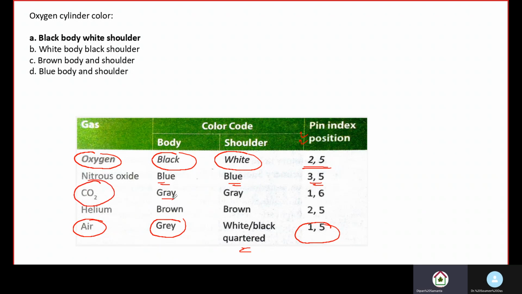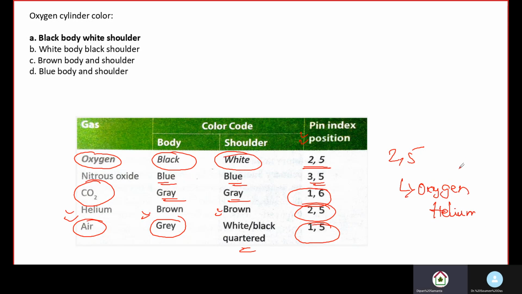CO2, gray, 1,6. Helium, brown, again 2,5.